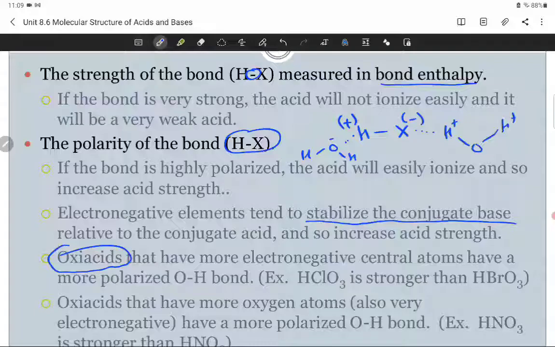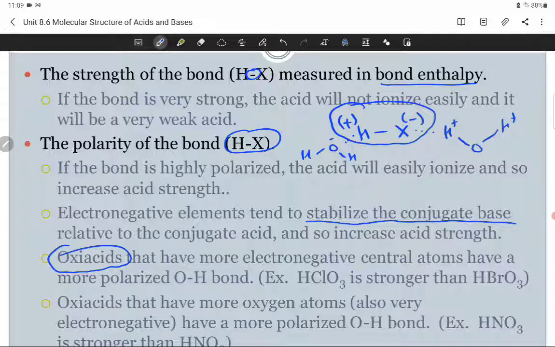And I think it's pretty self-explanatory, but any acid that has oxygen in it is an oxyacid. And why are we mentioning this now? Because oxygen is a tremendously electronegative atom. So remember that electronegativity is the ability to attract electrons. So the ability really to polarize that compound.